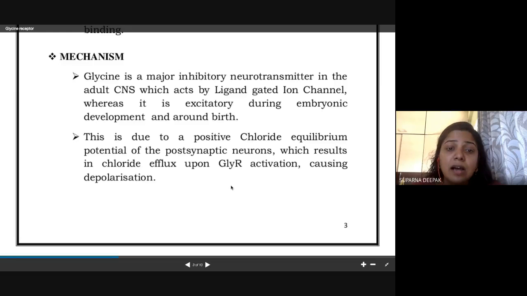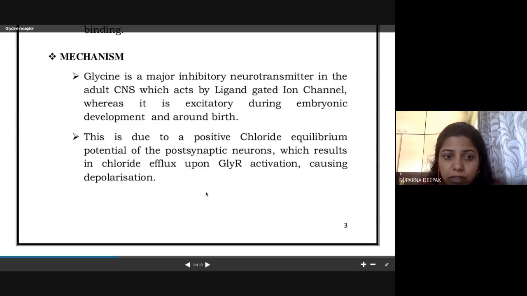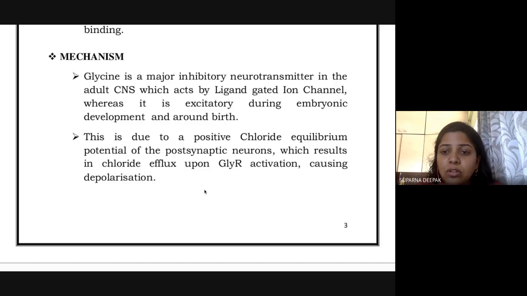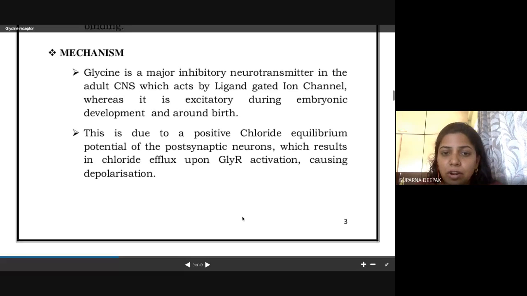In adults, glycine is always inhibitory in action, but in embryos and during birth this transition takes place. This is due to the positive chloride equilibrium potential of the postsynaptic neurons, which results in chloride efflux upon glycine receptor activation, causing depolarization.